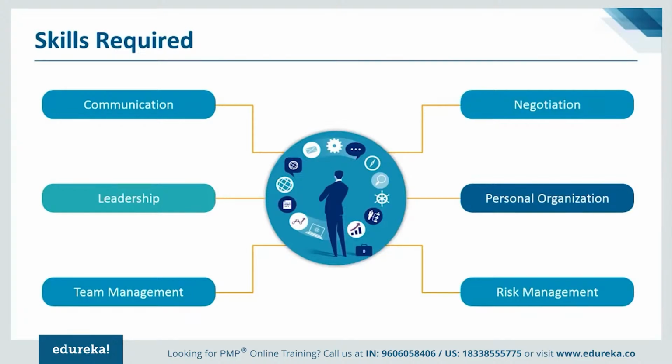Another thing is, of course, leadership. Whichever structure you have in your organization, be it a matrix structure, a typical hierarchical structure, or a functional structure, leadership is definitely required. Even your team members who are working on your project with you, whether they report to you or not, you still need leadership.